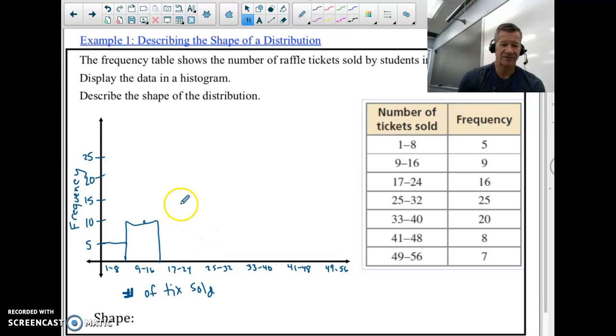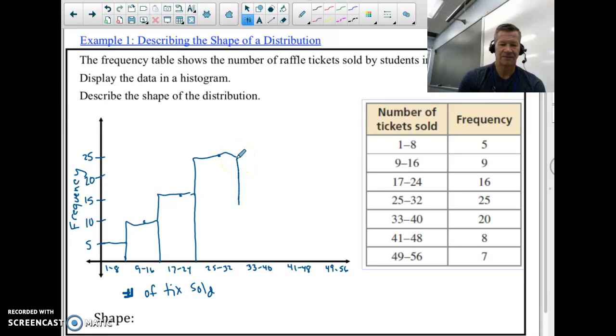For 17 to 24, we go all the way up to 16 now. So I'm going to go up, over, and then up again. There's 16 in that group. Then the next one's way up at 25, so this rectangle is going to go all the way up to 25.